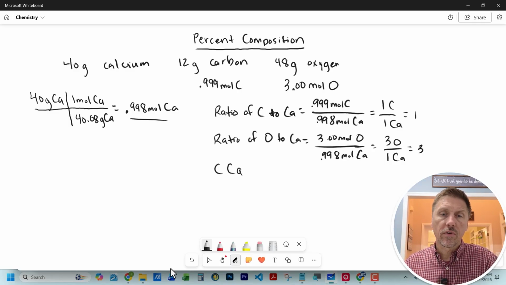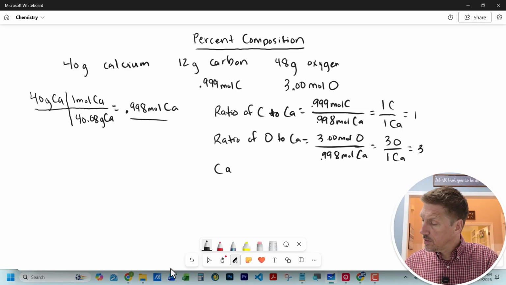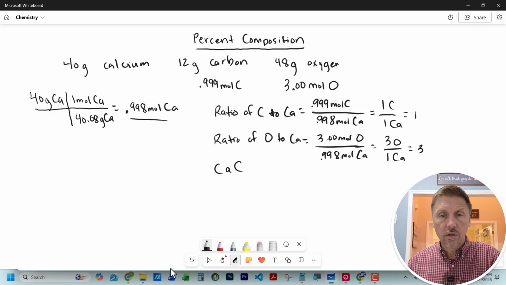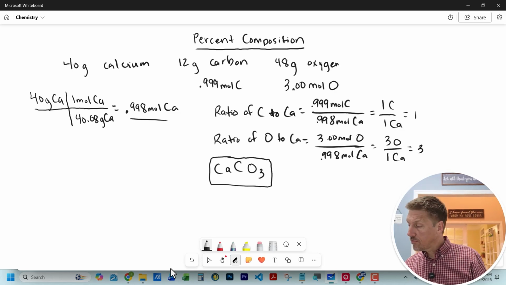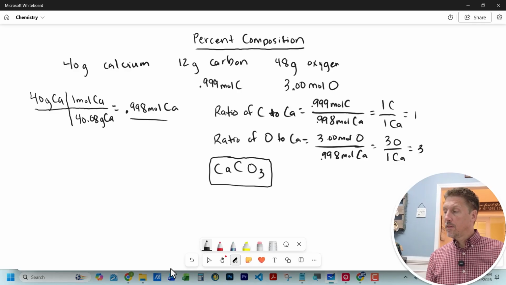Let's do the Ca first, since that's the one that we've got 1 of. For every 1 Ca, there is 1 C, and for every 1 Ca, there are 3 O's. So that would be our empirical formula for this compound.